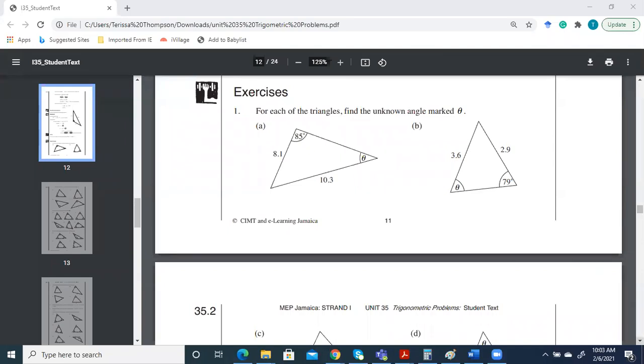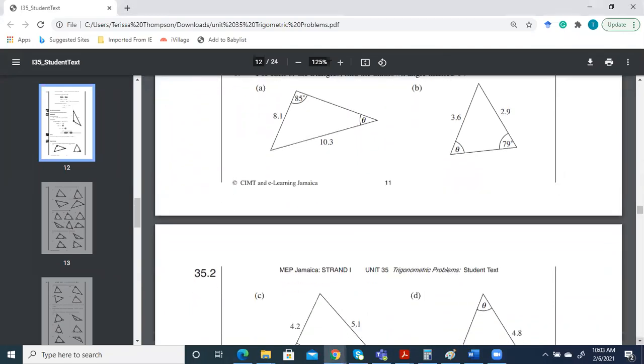So I'm going to just move it down. You should have figured by now that these are the 2 that were on the screen, that you would need to use the sine rule for them, because as you can see, you have 2 sides. 10.3, that's the opposite angle, 85 degrees, and 8.1, that's the opposite angle, theta.